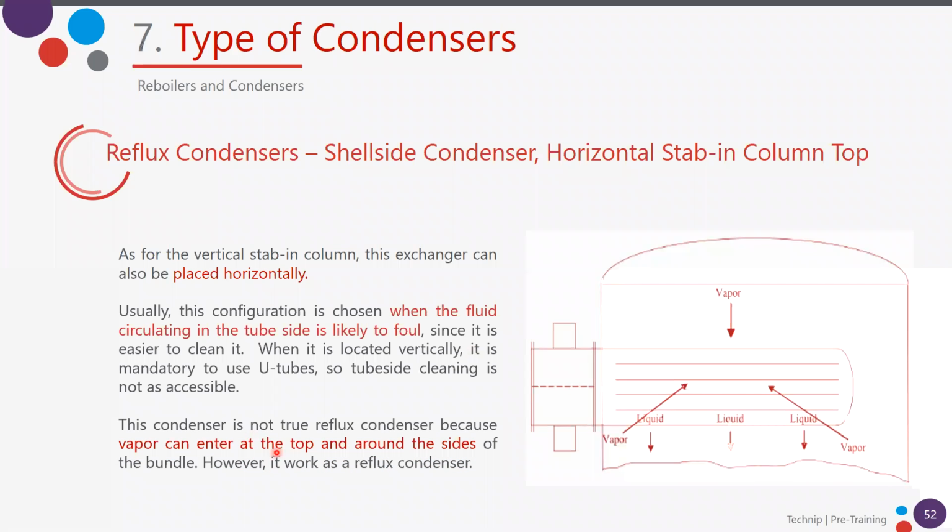This condenser is not a true reflux condenser because vapor can enter at the top and around the sides of the bundle. However, as for the vertical condenser, it works as a reflux condenser.